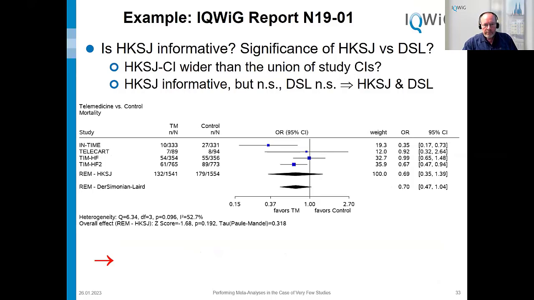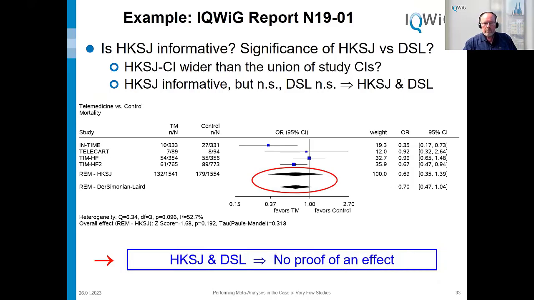Third example with 4 studies. Here we have a situation. Hartung-Knapp-Sidik-Jonkman is also informative. We do not need the variance correction. With Hartung-Knapp-Sidik-Jonkman, maybe the confidence interval is too large, but we have the result of DerSimonian and Laird, which is also not significant.